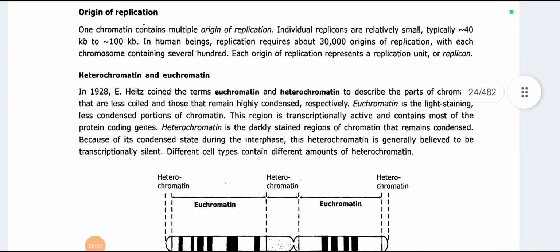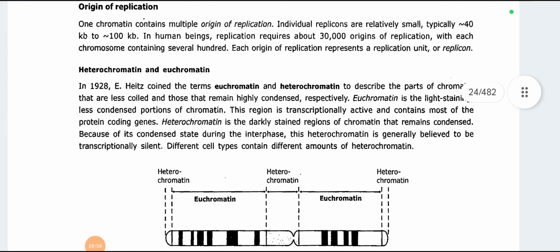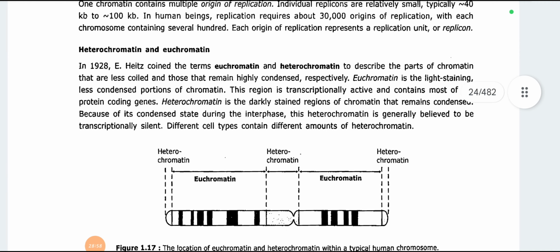It is the region where chromatin contains the ORI region, origin of replication region, not ORS, it is ORI. And the ARS region is present in yeast, autonomous replicating sequence, which is the origin in yeast. Now the ORI region is there in the chromatin, it's the origin of replication, and individual replicons are relatively small, 40 kb to 100 kb.